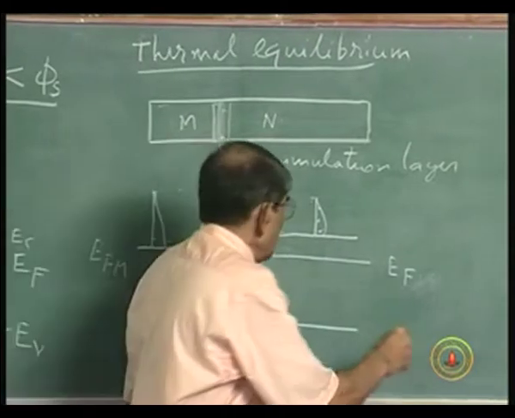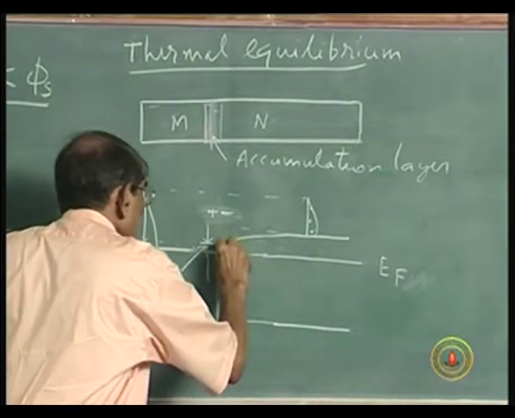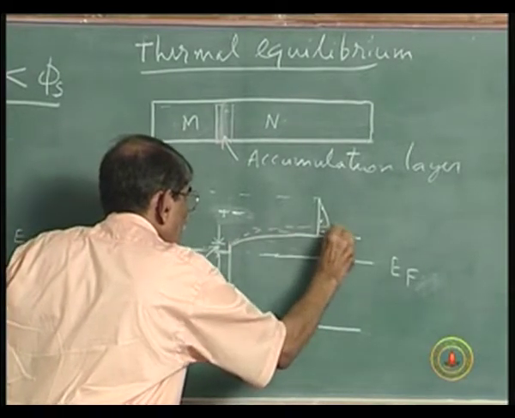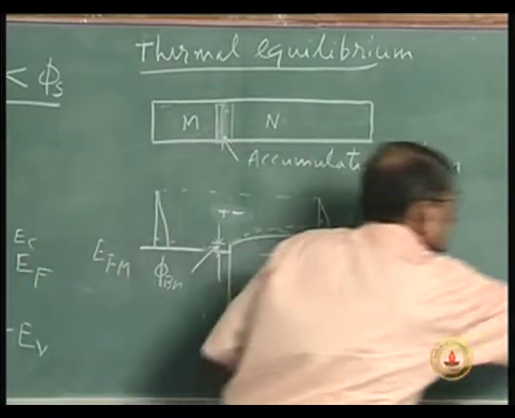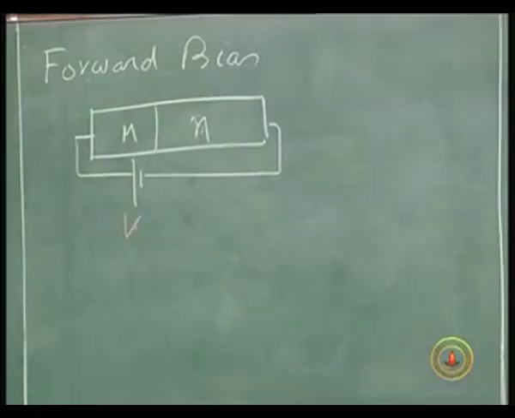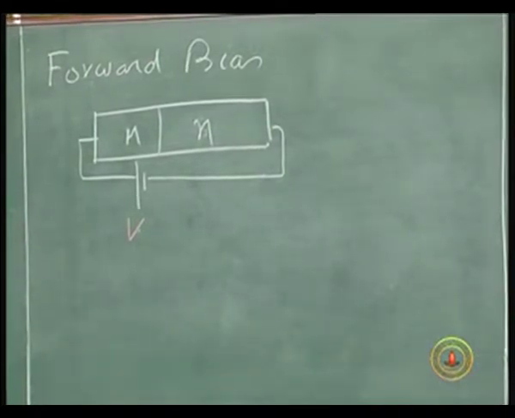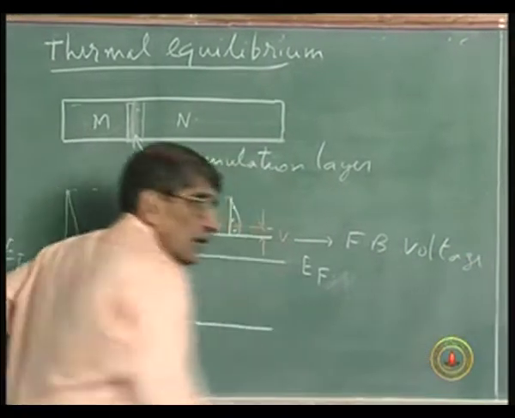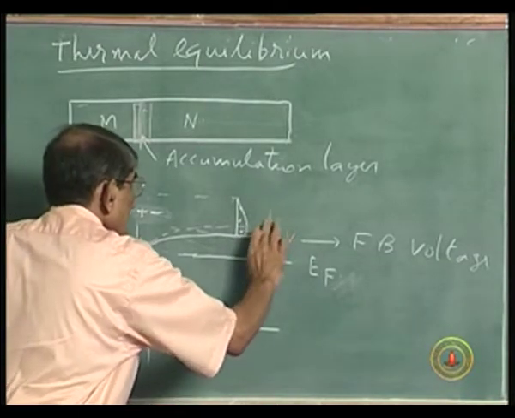So, in a forward bias, if you take a look at that, this whole diagram will actually be shifted, so that is the forward bias V. Now, if that is the case, what will be the distribution now?